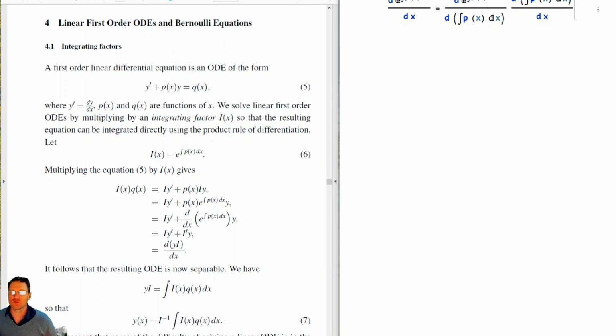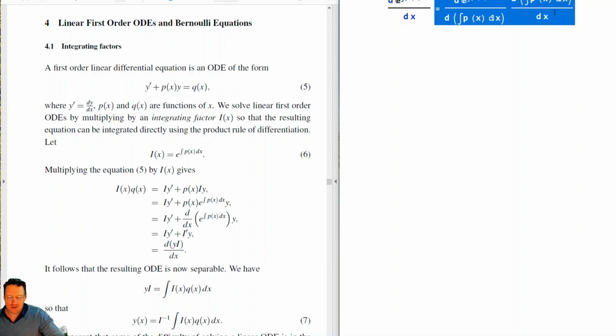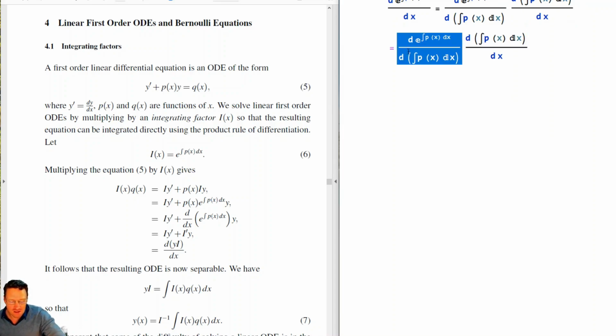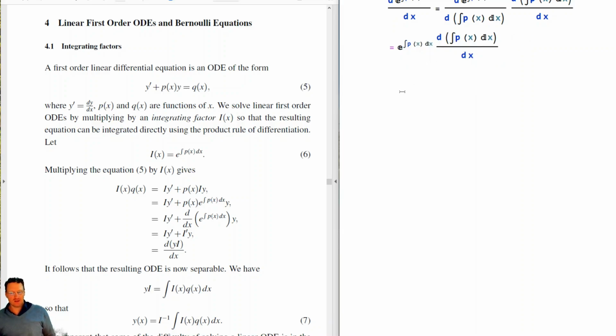This is what the chain rule tells us. What we have here on the left of the right-hand side is the derivative of e to the u with respect to u, which is just e to the u, which is e to the integral of p of x dx.